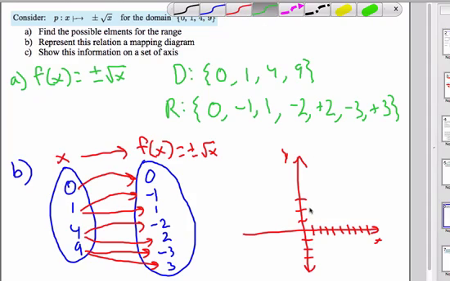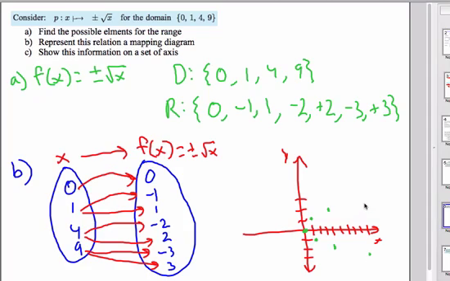And so we have 0, 0. We have 1 negative 1 and 1 positive 1. We have 4. 1, 2, 3, 4. 4 maps to negative 2 and 2. And 9, all the way over here, maps to negative 3 and 3. So it looks like if you were to connect the dots, you'd get a sideways parabola there.